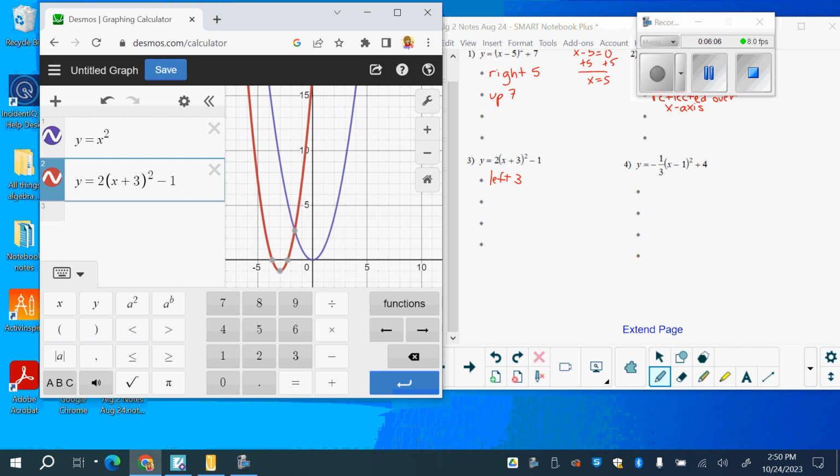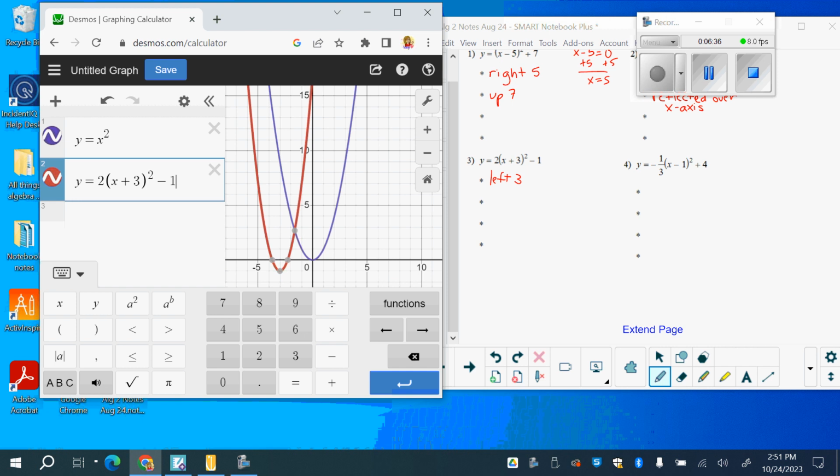The original graph is the blue, so it moves left 3, and this 2 is going to be a compression or stretch? Stretch. Vertical stretch. So does it matter if we do the 2 first, or the vertical stretch first, or the minus 1 first?